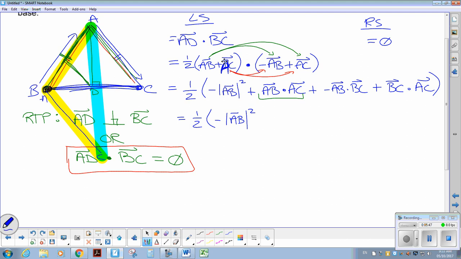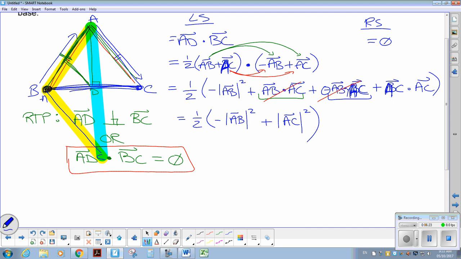I've probably caused a little confusion. So that should have been AC. Now we see I have an AB dot AC, and another AB dot AC but now it's negative, so these terms will cancel out. And at the end, this should be an AC, which would have been plus the magnitude of AC squared. I apologize for that. When I slid AC, I wrote down BC, it should have been AC.